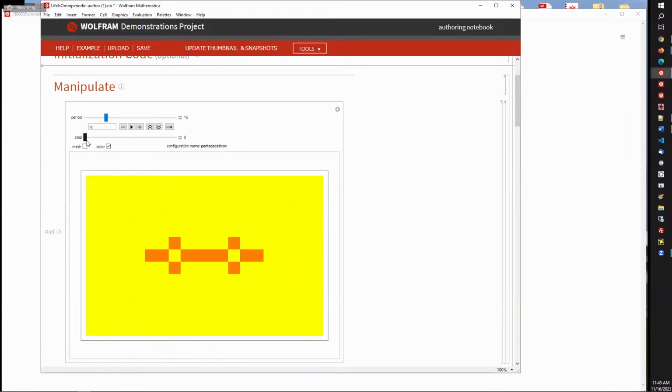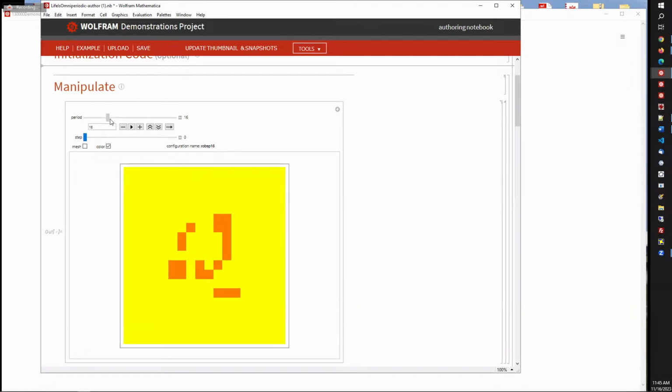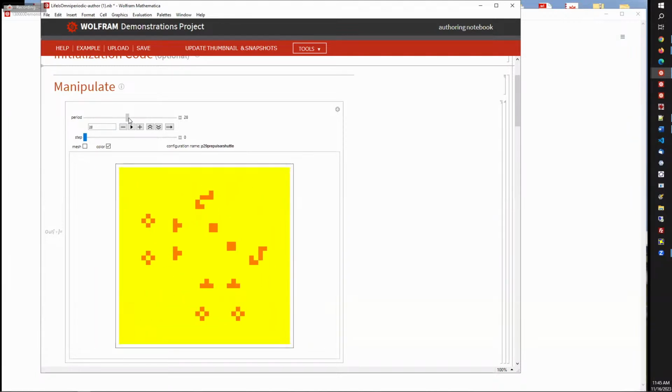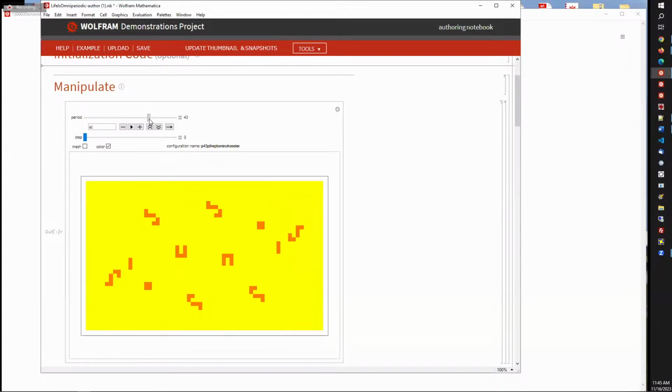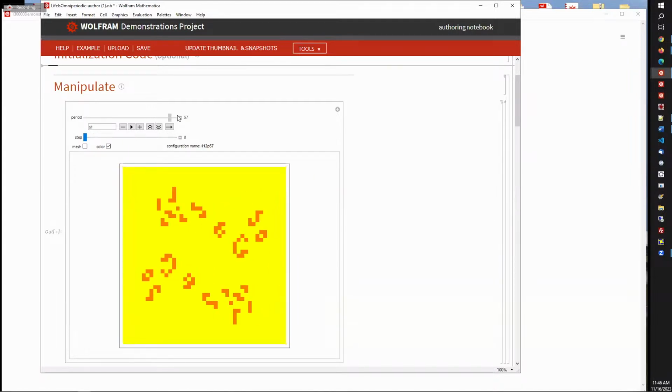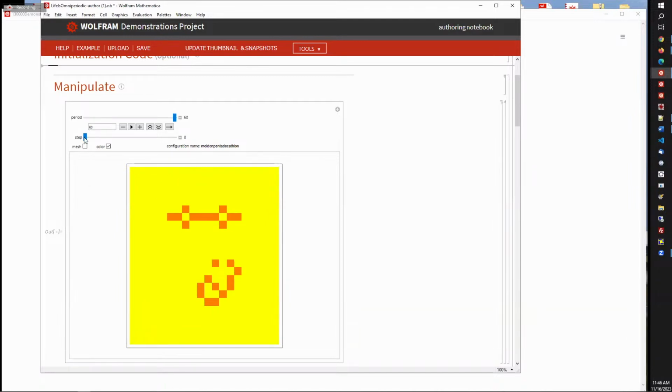This one was known back in the 70s, the pentadecathlon. But other values such as, I think 43 was another one that was very hard to find. Yes, this was a very difficult one to find. And after 60, they managed to come up with a general process for creating everything.